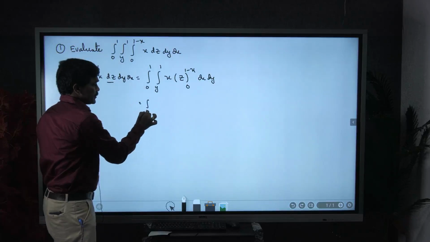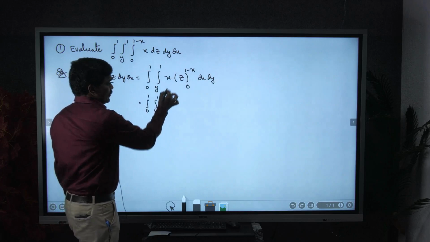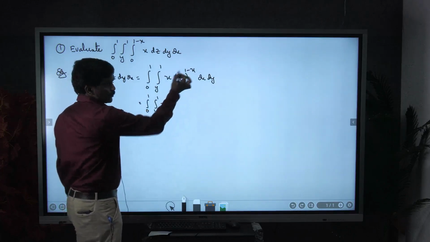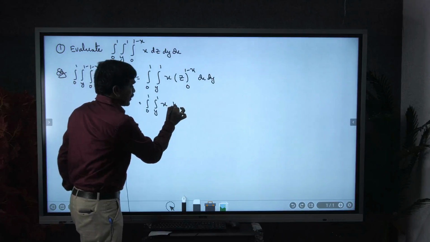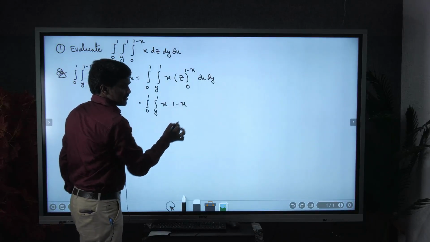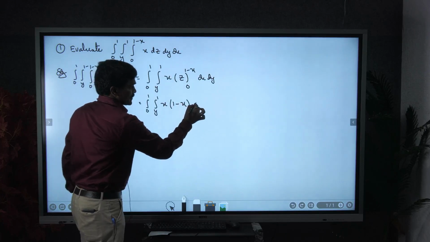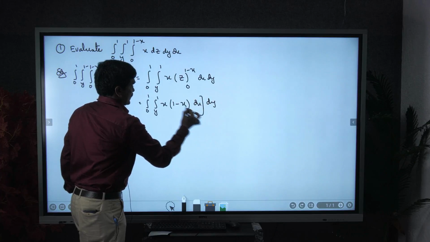The upper limit is 1 minus x, minus the lower limit 0, so we get this one into dx into dy.